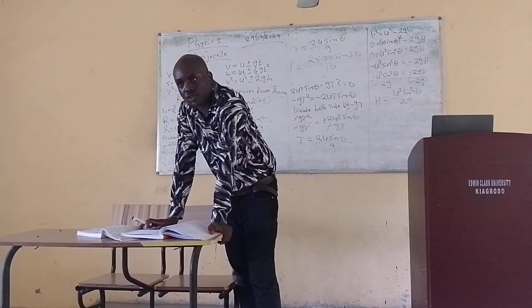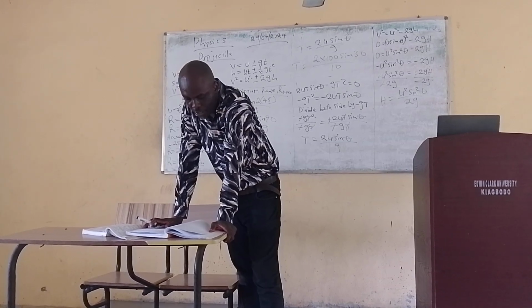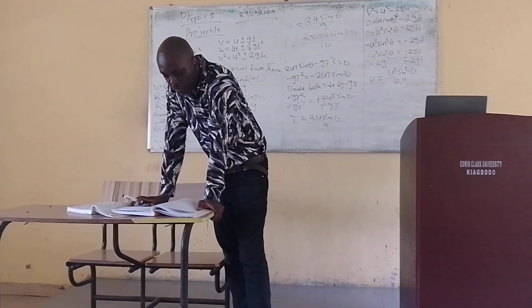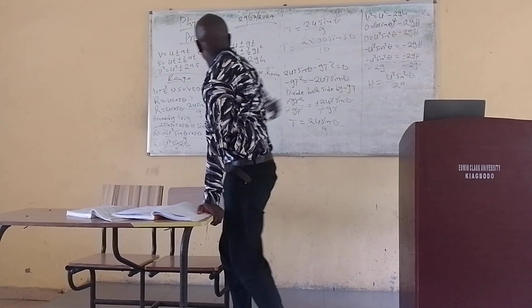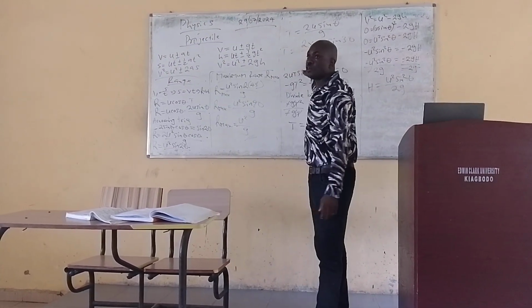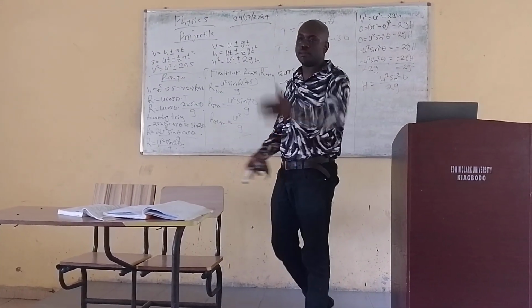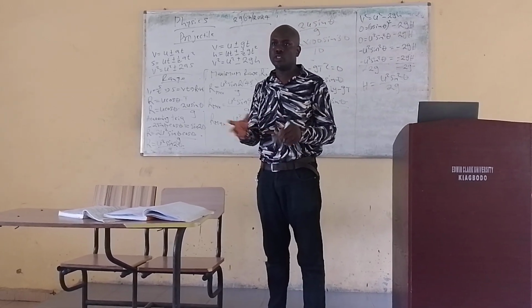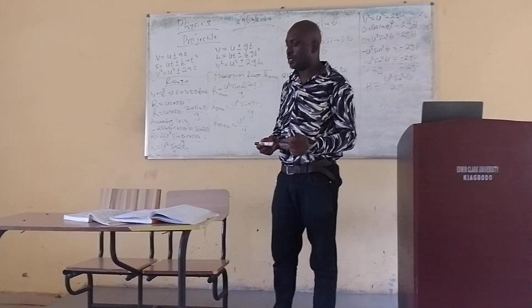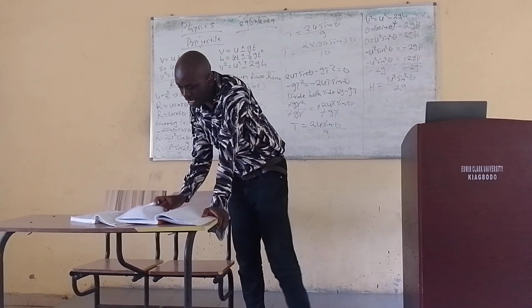So go home and practice it very well. Then apply the principle of independence of motion to solve projectile motion problems. At least we have solved one problem here. We have other problems like the ones I gave you in Google Classroom. So you can go there and check it out. Solve all of them. Then when you solve it, I think we have made very good progress.